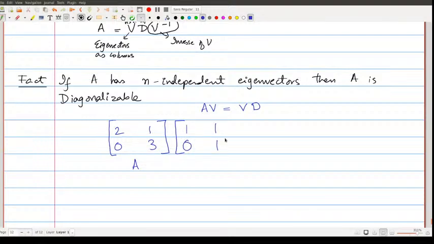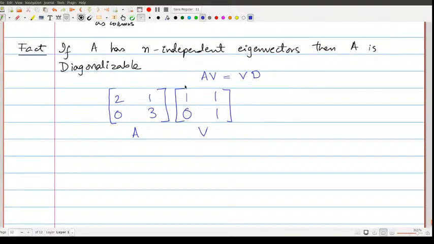The second eigenvector was 1, 1. So I've put both of those as the columns of the second matrix, right? And now, since I know that these are eigenvectors, something is going to happen. Remember that the main eigenvalue equation tells us that when you multiply matrix A with an eigenvector, it gives me lambda times the eigenvector. So let's see how that plays out over here.